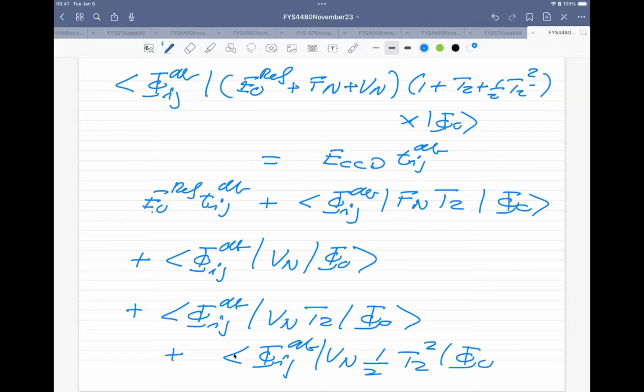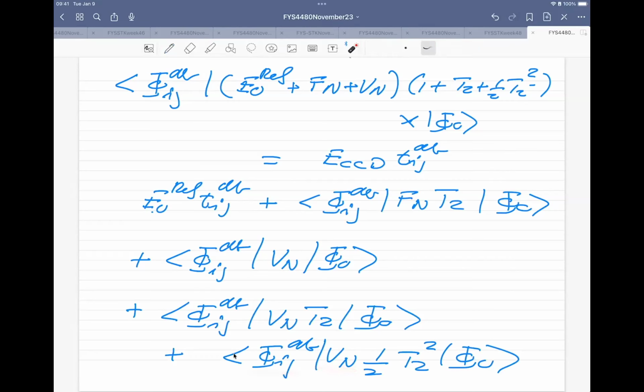All the higher order terms are actually 0, because if I have a T cubed, then I produce in principle a 6-particle, 6-hole excitation, which I then have to marry with a 2-body operator, which can produce at most 2-particle, 2-hole.